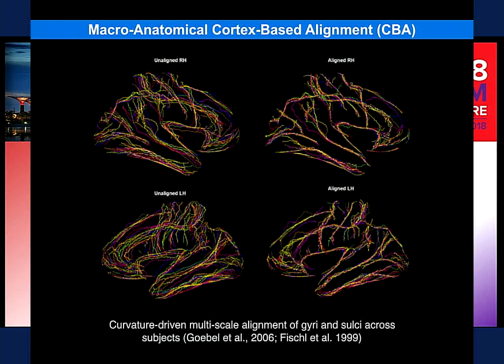If we run a cortical alignment, which co-registers corresponding sulci and gyri with each other, we get a much more nicely corresponding, thinner region per sulcus, which means all the subjects now cluster together. That means we have established a much better correspondence between matching landmarks across brains. That's the idea of cortex-based alignment.